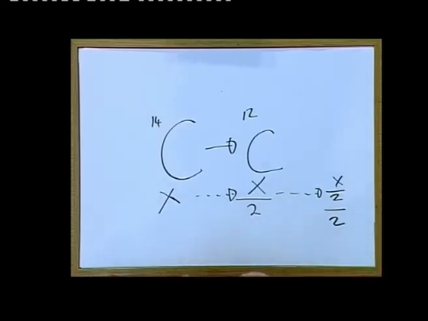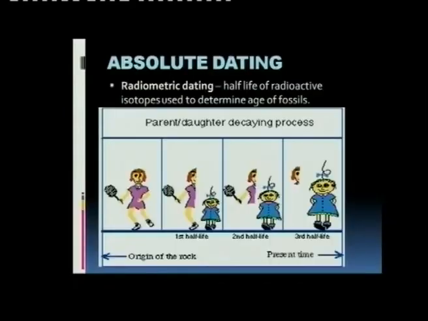And this is what the picture on the slides is trying to tell us. If this lady with the racket, the parent, is our carbon-14, after the first half-life, in other words, the time that it will take half of the amount of carbon-14 to change into carbon-12, this is little carbon-12 and mummy carbon-14.